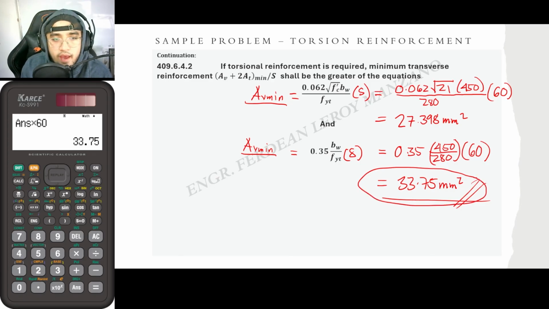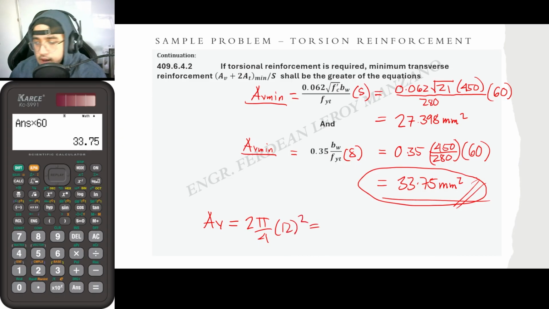So for our AV actual, since we have used 2 legs, it is 2 times pi over 4 times 12 squared. Looking at the calculator, 2 times pi all over 4 times 12 squared.